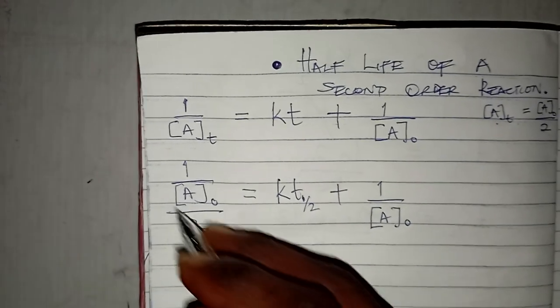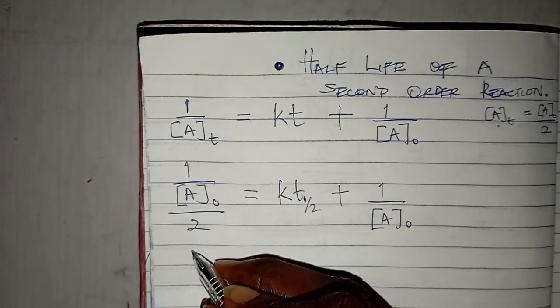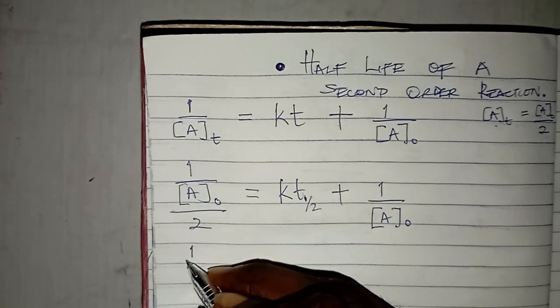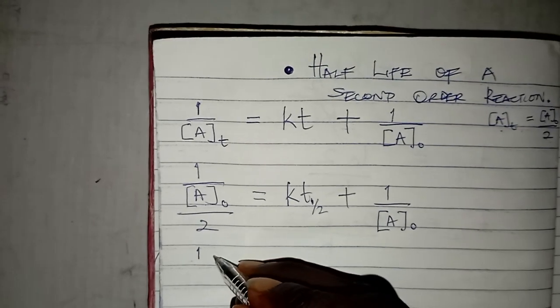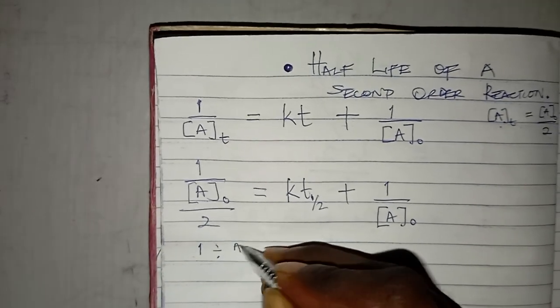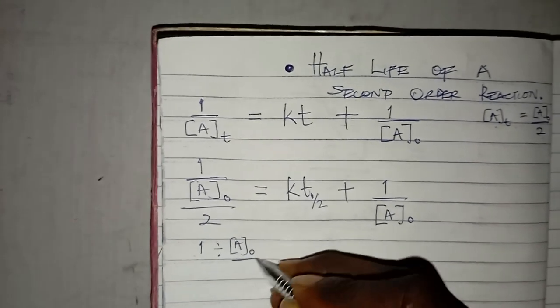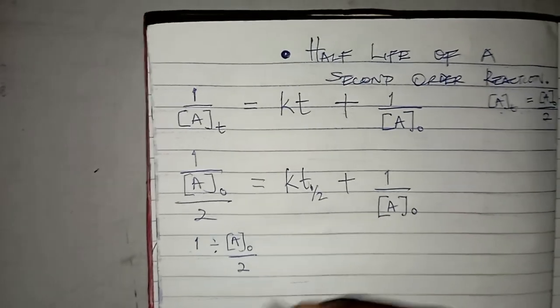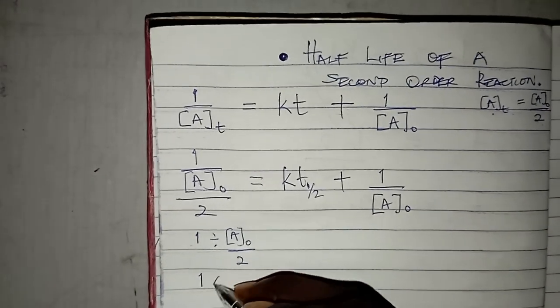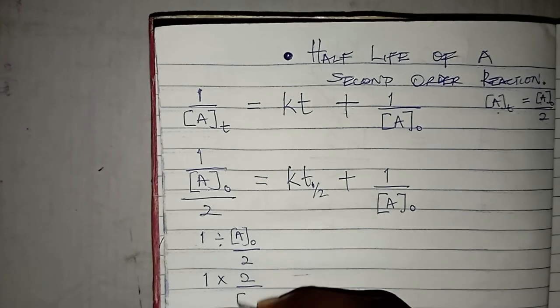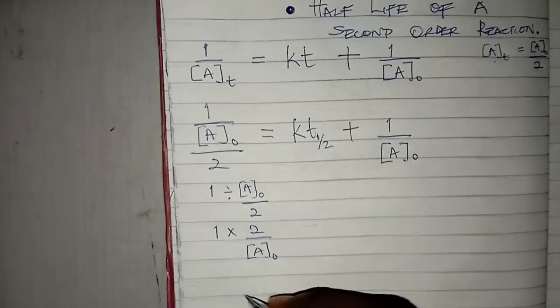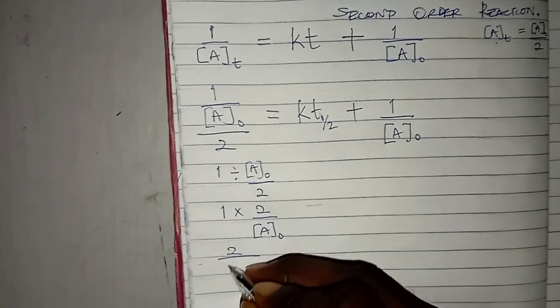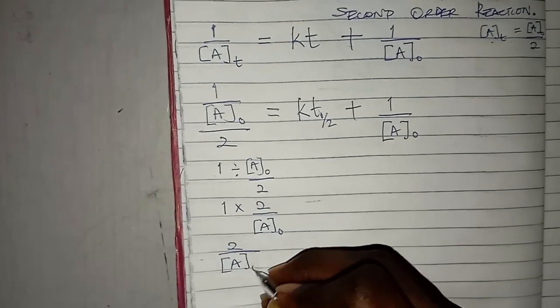So if I know this, I can clearly see that this is 1 divided by A naught over 2, which is 1 times 2 over A naught. You see it? And this is 2 over A naught.